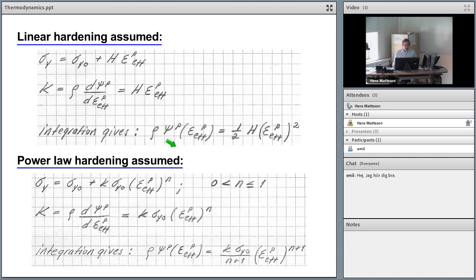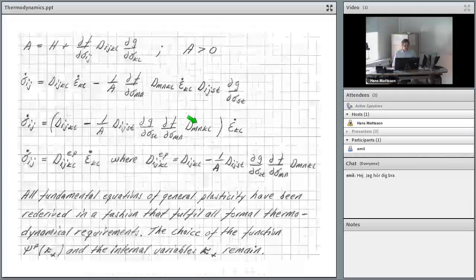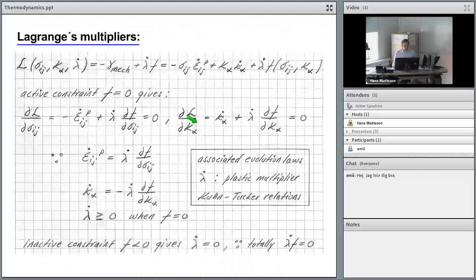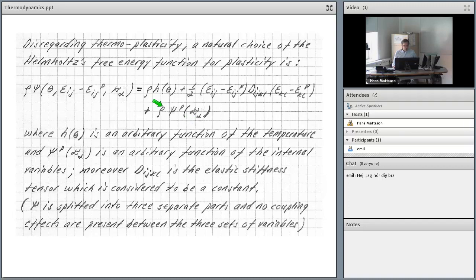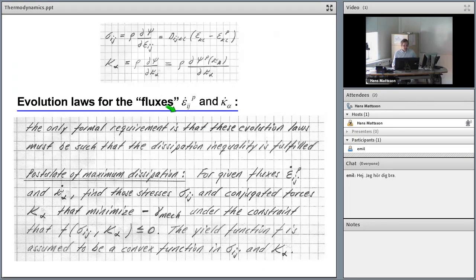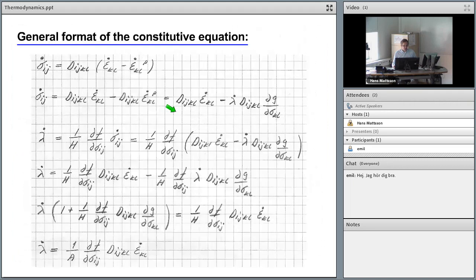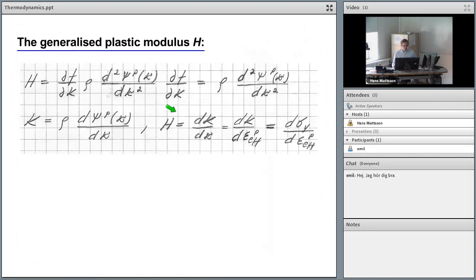So then we get this function here in the Helmholtz function from the beginning. In the Helmholtz function, we had chosen this third term here, and in this third term, we have this function here, and by assuming linear hardening, that function will be like this here.